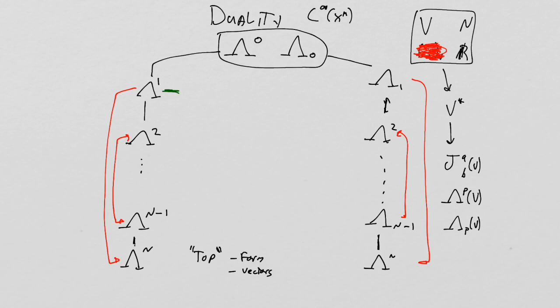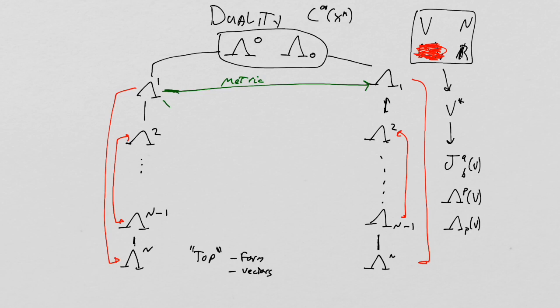We already know that moving from here to here is the metric duality, right? That's just raising and lowering indices. Although we'll probably have a quick look at that just to make sure our notation is square, that one is trivial in the sense that we already know how to do it.